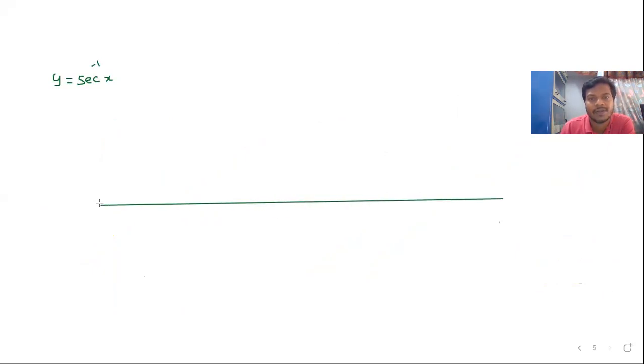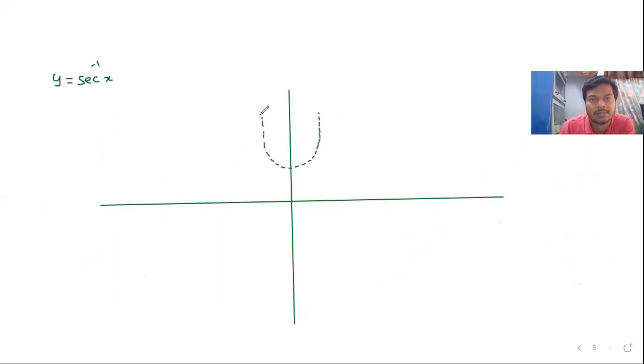Next, about the graph of y equal to secant inverse of x. We know that the graph of secant x, that exists like this.